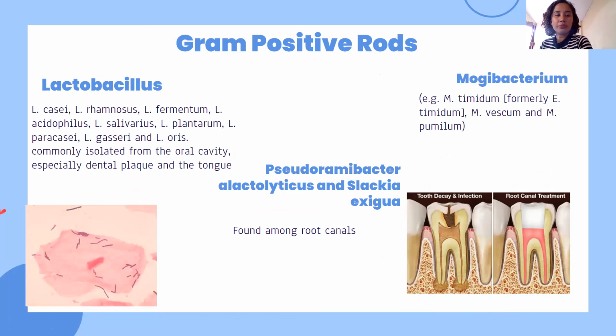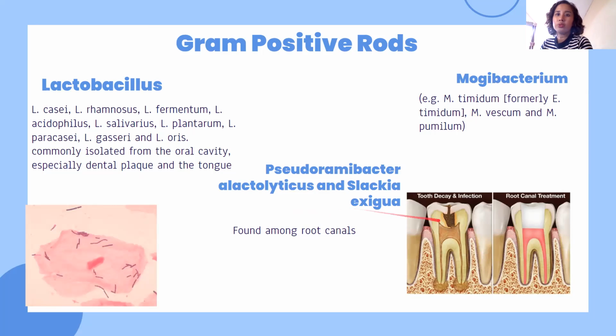Gram-positive rods still, we have Lactobacillus. They could cause dental caries as well, because they convert sugar into acids. We have Pseudoramibacter alactolyticus and Slackia exigua, found in root canals.